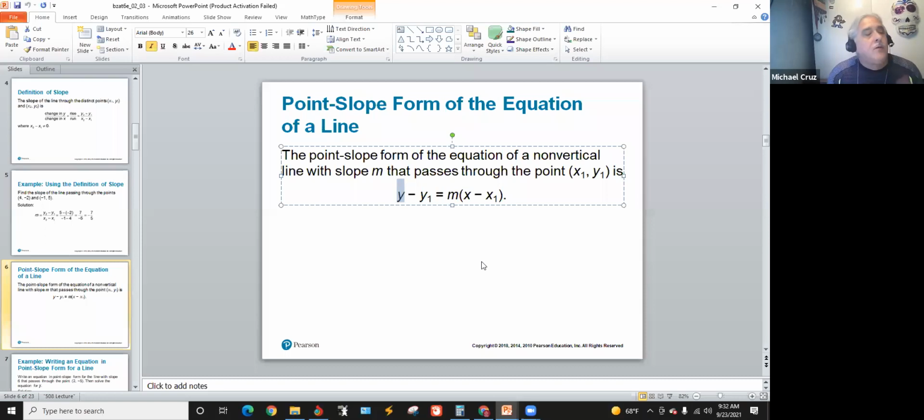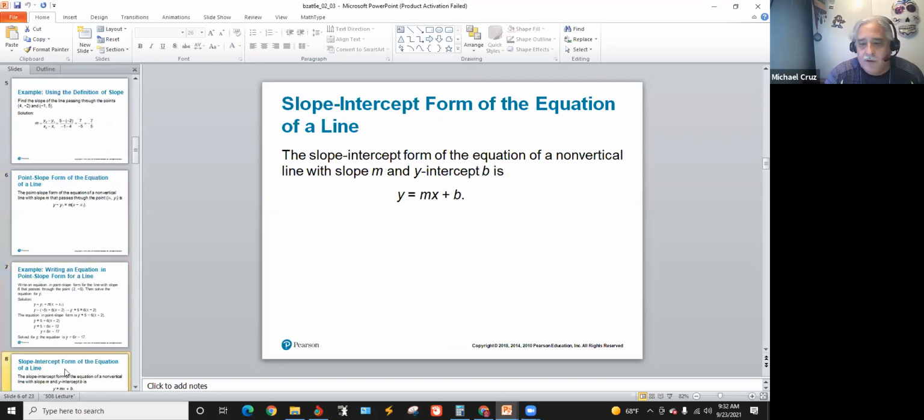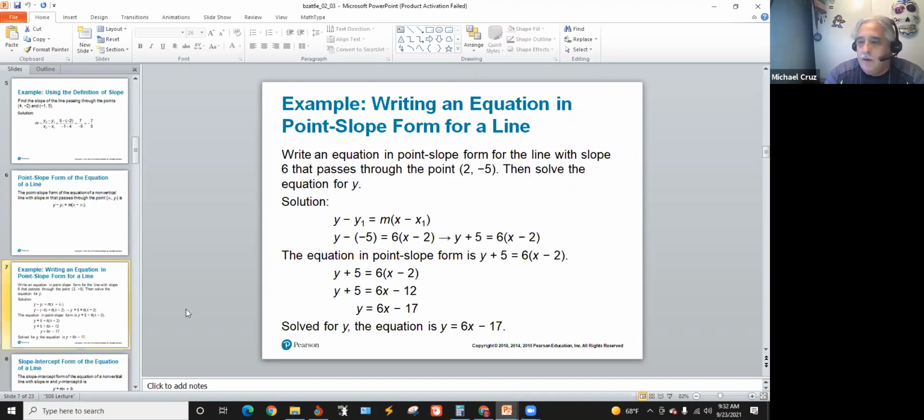And then you go ahead and simplify it, and you can write it in a couple of different ways, however you're asked to write it. So we'll go through one or two. Here's one, and then we'll look at it in detail. They give us a slope of 6, and they give us a point of 2, comma, negative 5.